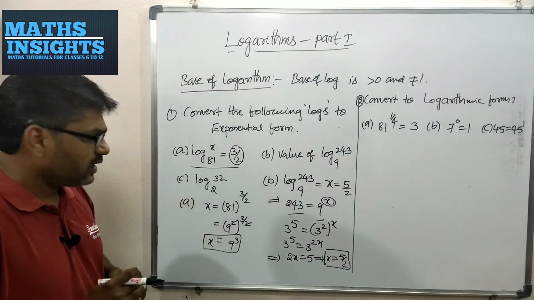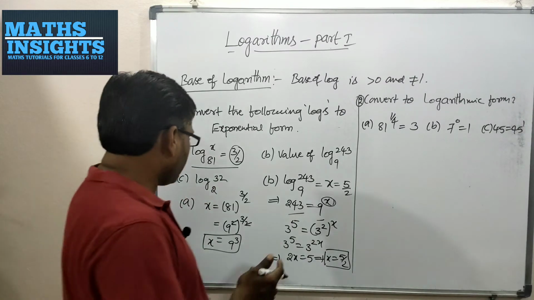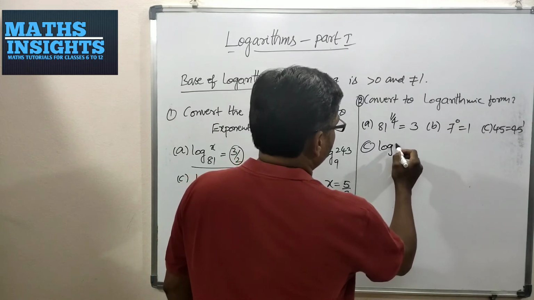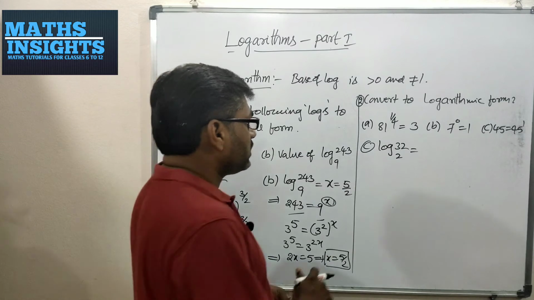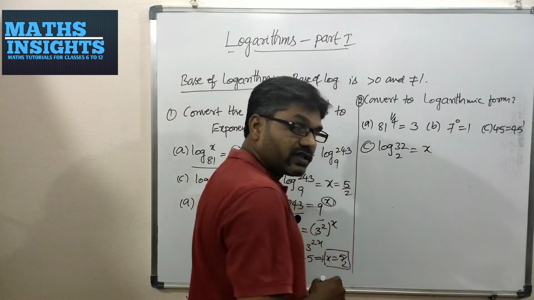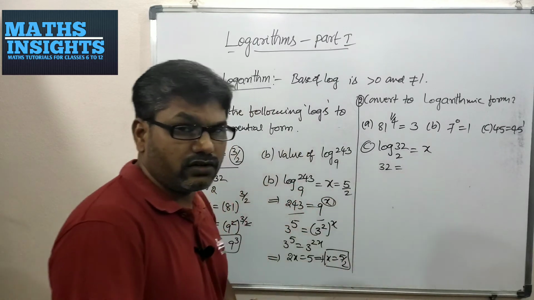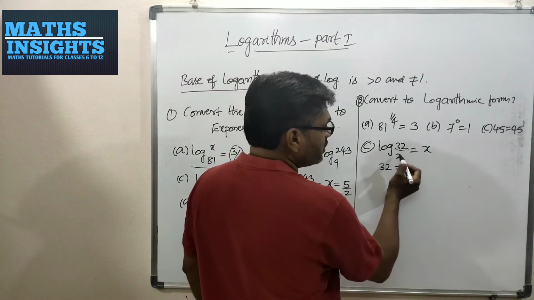Similarly, see, log 32 base 2. Okay, this is c. Similarly, you don't know the value of that, therefore assume its value as x. Then if you convert it into exponential form, how is 32 obtained?